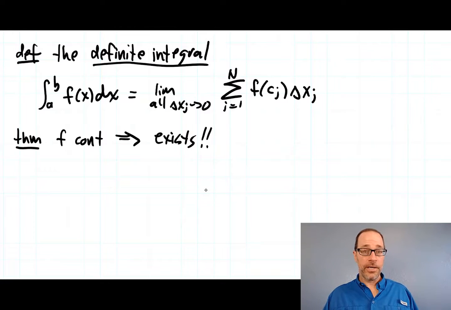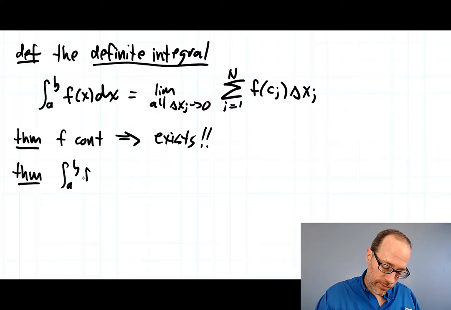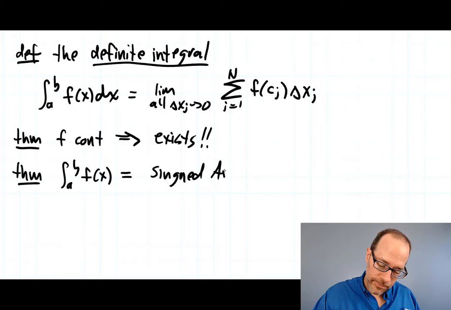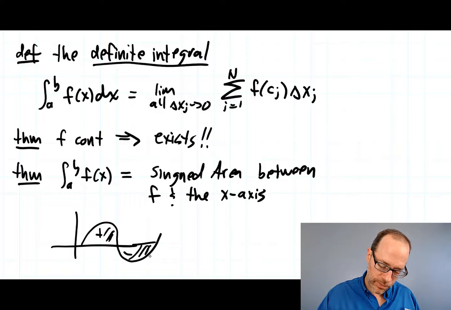Now, it's also a theorem that the integral from a to b of f of x is the exact signed area between f and the x-axis. And again, remember, that means you count areas above the axis with a plus and areas below it with a minus.